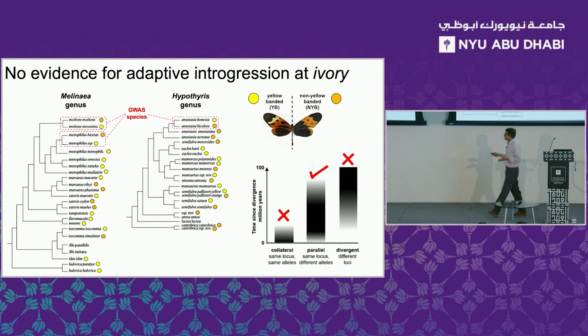So it looks like in Heliconius we do find lots of stuff going on, but outside of Heliconius we're finding very little evidence of the same alleles being used. Instead, we find that the same gene is being used, but each species is evolving independently different alleles to achieve that phenotype.